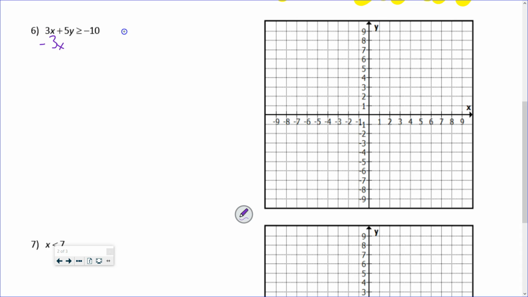Yep. Oh, then y's gonna be solid. Well, we're not there yet. Jumping ahead of me. So 5y is greater than or equal to negative 3x minus 10. And now what? Divide everything by 5.